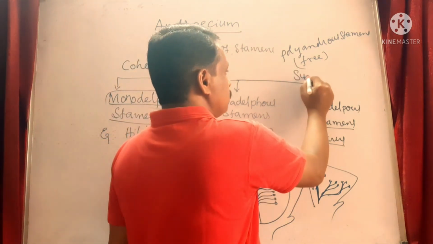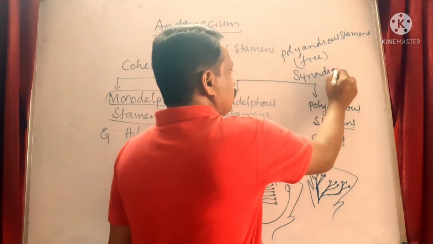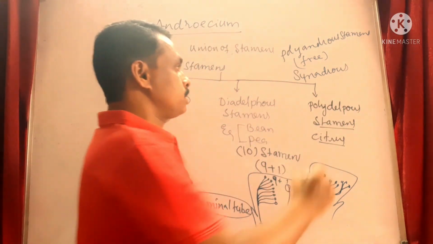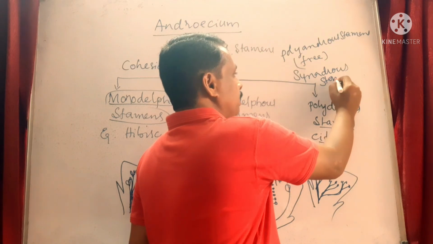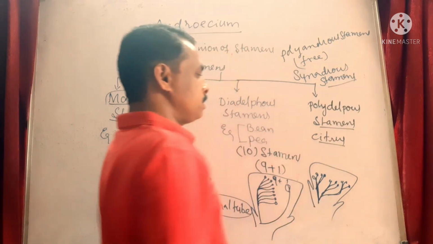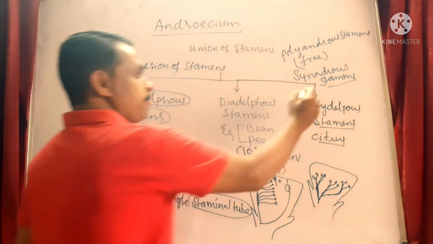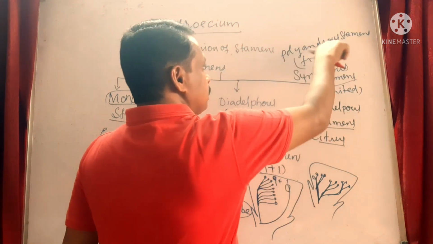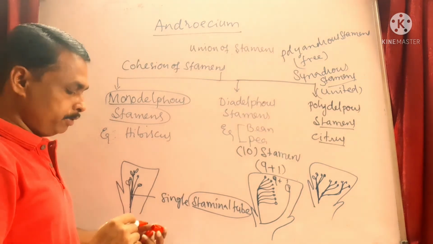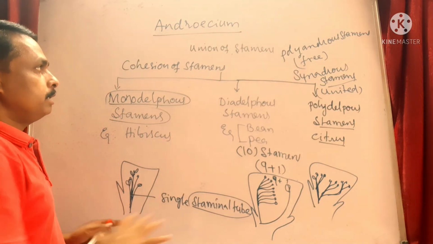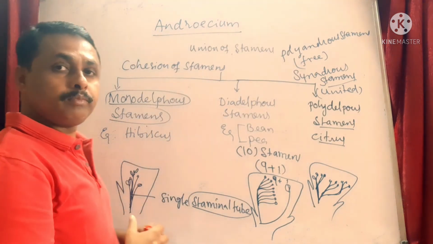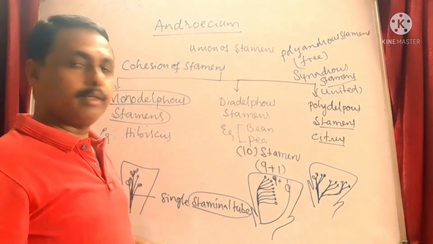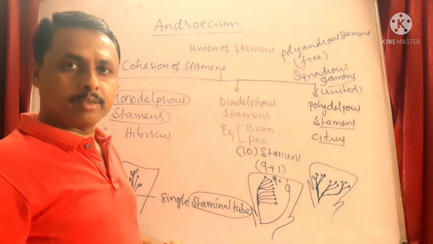Synandrous means united stamens; polyandrous stamens are free. This is regarding the cohesion of stamens. Understood?